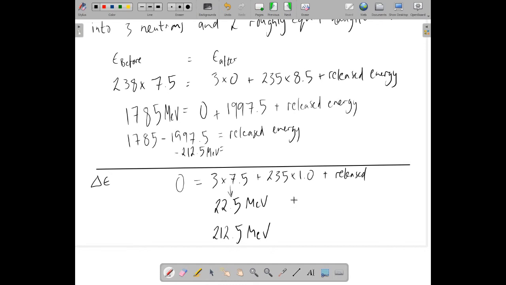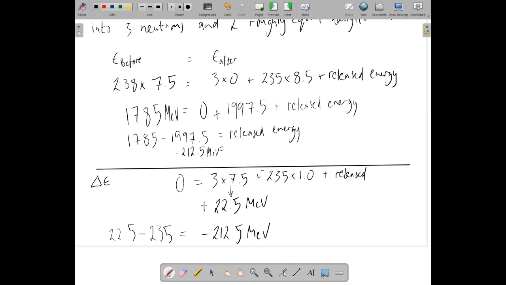Sorry, this might look a little bit confusing. If I say, well, what's my released energy? Well, I've got that this is an increase, and this is a decrease. So I have 22.5 minus 235 is equal to minus 212.5 MeV.